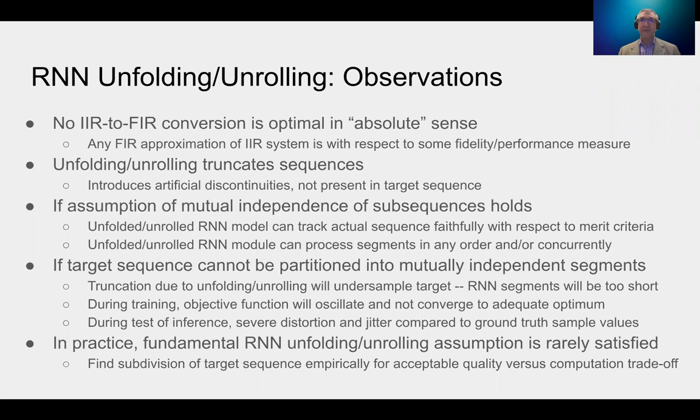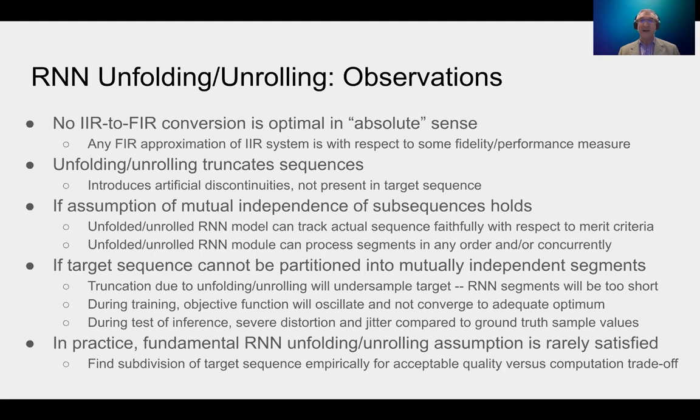However, if the target sequence is not amenable to being partitioned into mutually independent segments, then the truncation resulting from applying the unfolding or unrolling procedure will effectively undersample the target sequence.